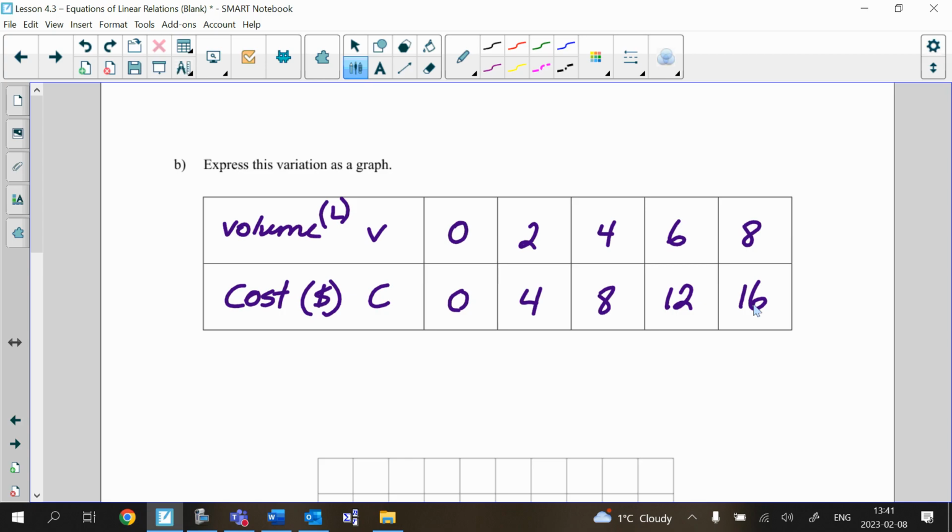And now let's graph it. Title: cost of water versus volume.